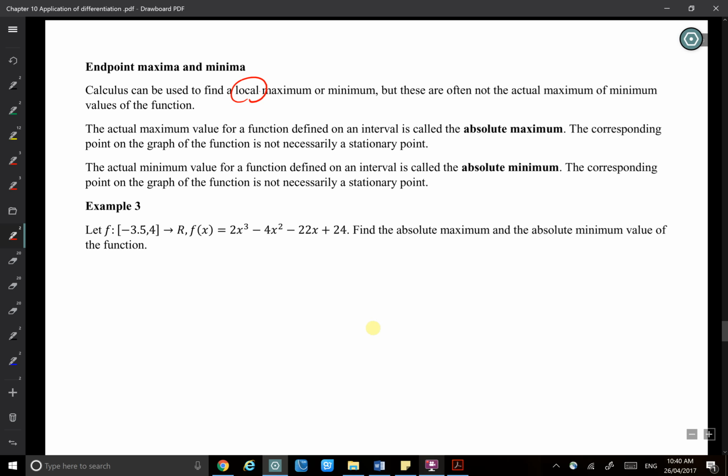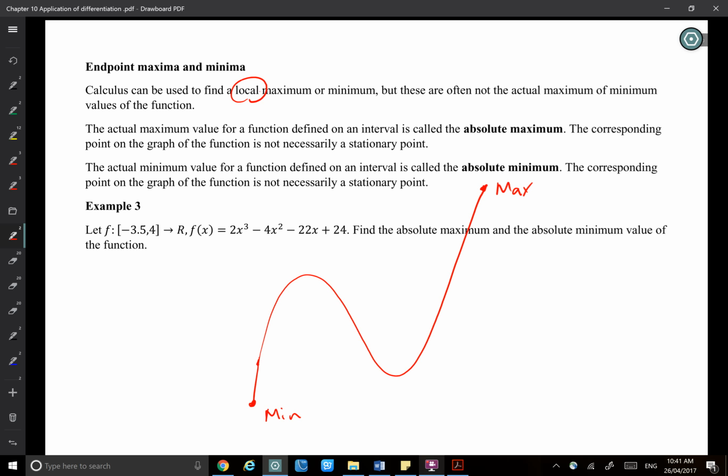The graph can look like this. That's the actual maximum, that's the actual minimum. And here is the local maximum, here is the local minimum.